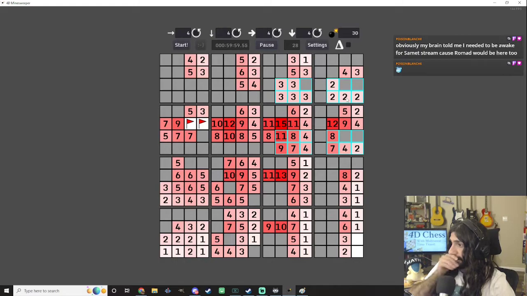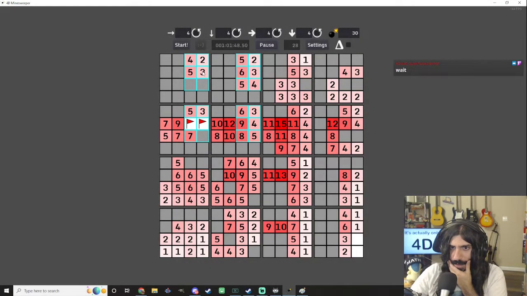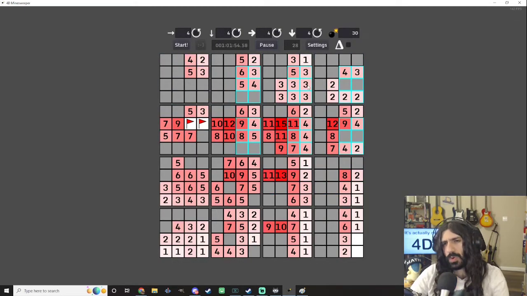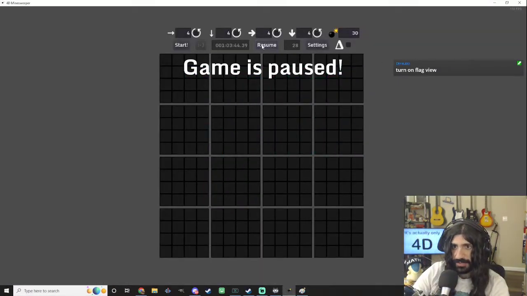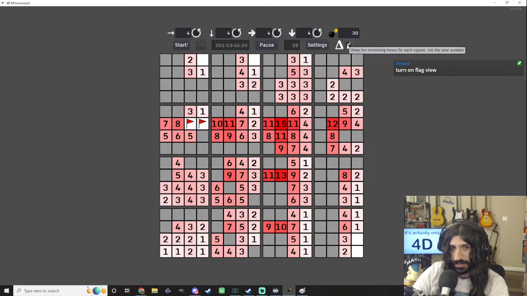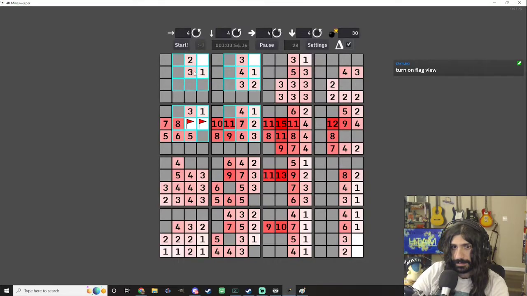Okay. This is not a mine. Okay. Turn on flag view. Yeah, I feel like you can have flag view. Ooh.